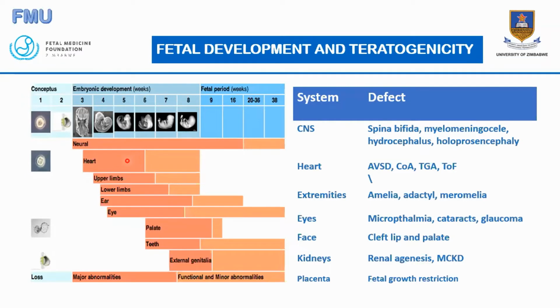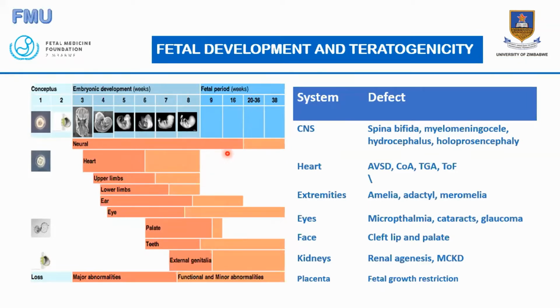Understanding this kind of information helps you to counsel the woman, because the woman is going to come to you very worried that, doc, I have epilepsy, I've been taking lamotrigine, I've been taking sodium thiopental, I've been taking a lot of other drugs, or they will tell you other conditions where they are taking drugs which are likely to be teratogenic. So you need to have a general idea of what is vulnerable at what gestation.